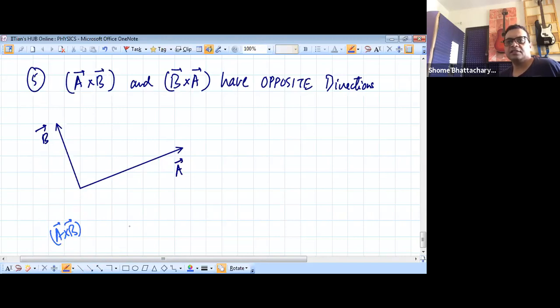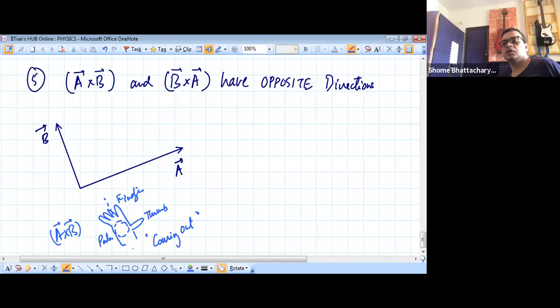We'll have to orient our hand such that our thumb points along A, and our fingers point along B. So what will happen here is our palm is facing outwards. So A cross B will be in which sense? It will be coming out of the plane. Okay. N cap is coming out of the plane.